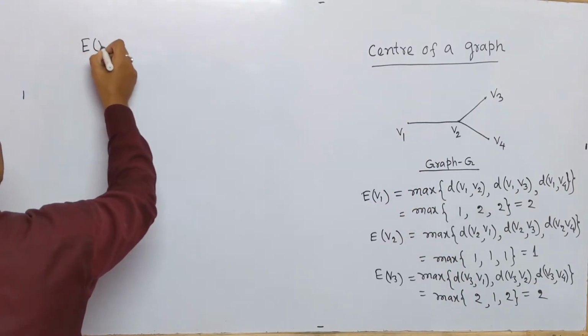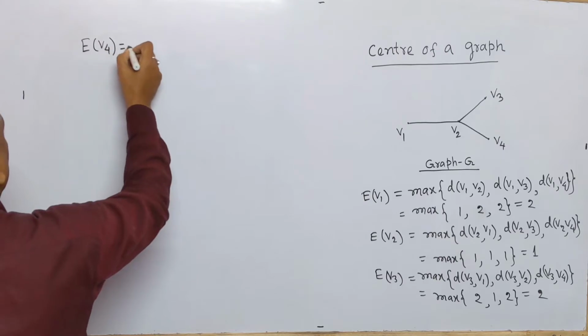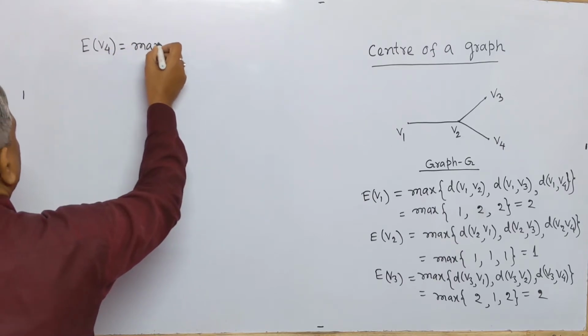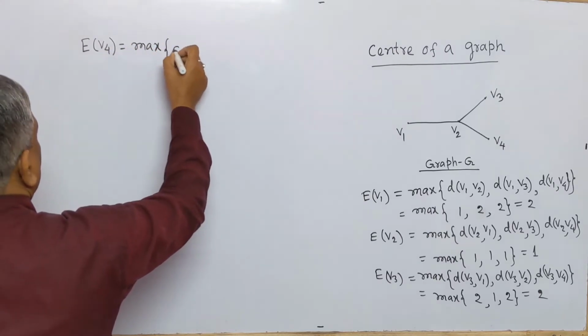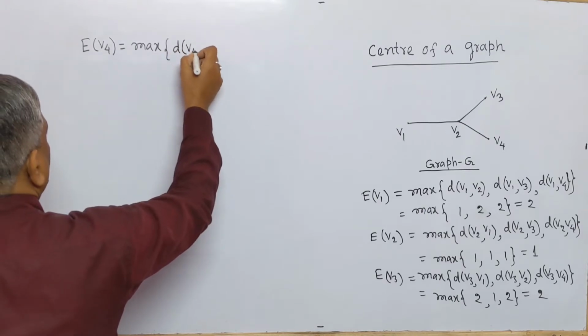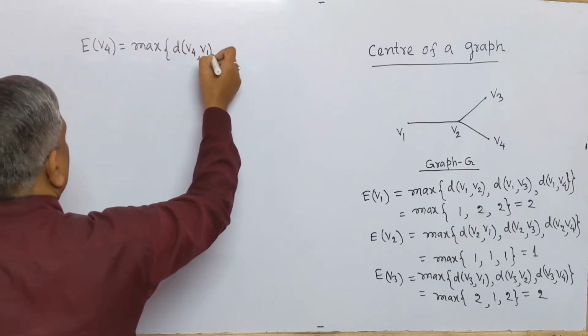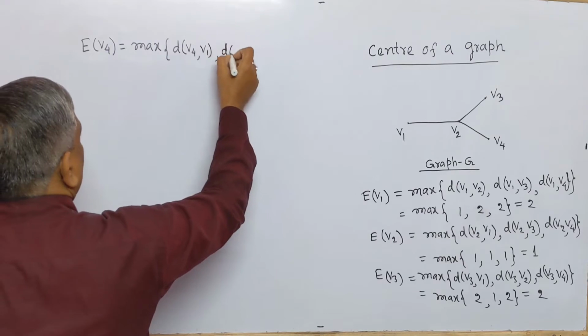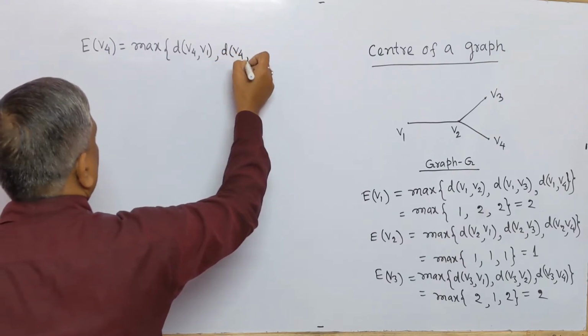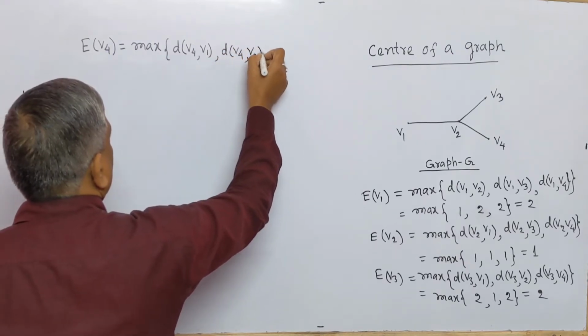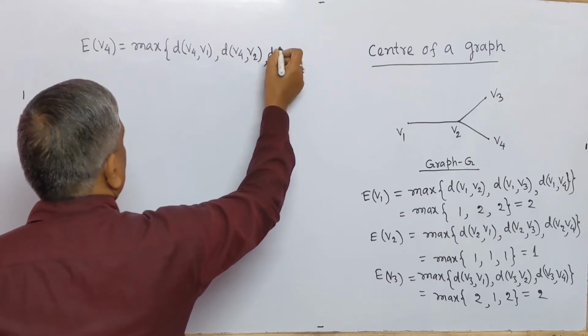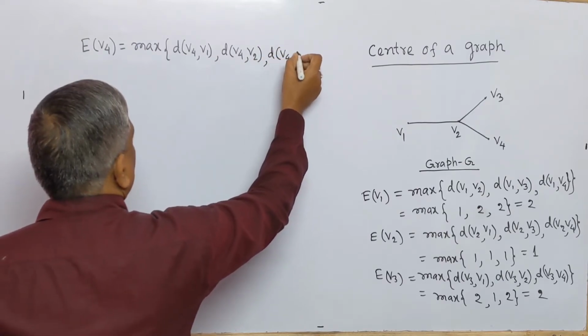Eccentricity of vertex V4 equal to maximum of d(V4, V1), d(V4, V2), d(V4, V3).